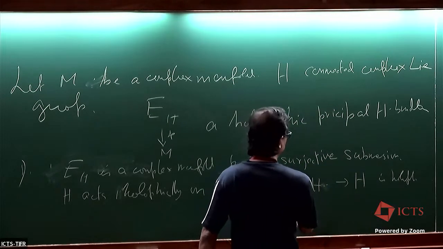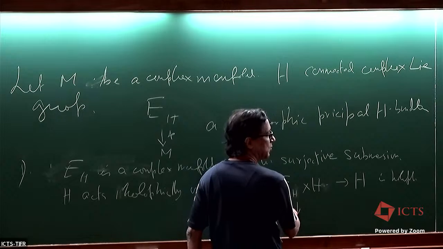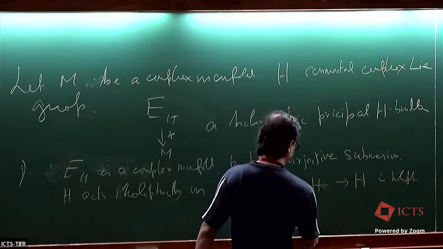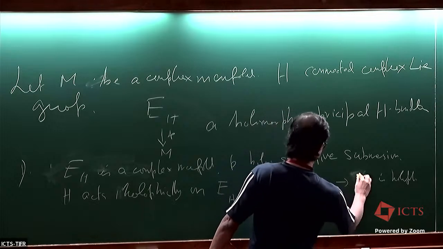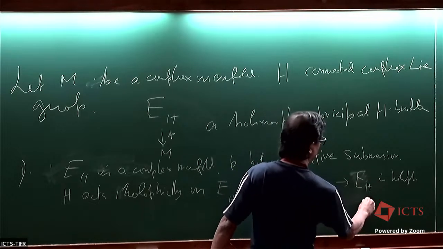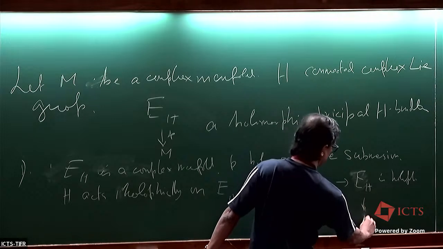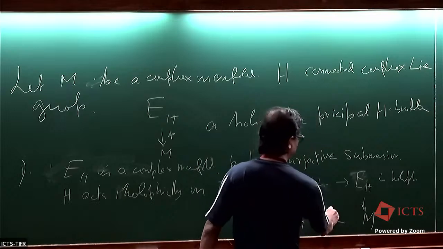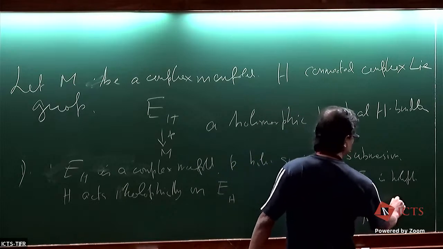From E_H cross H, you can project to the first E_H, and then using P you can go to M. And from here, E_H, you can go to M by the identity map, so the diagram commutes.